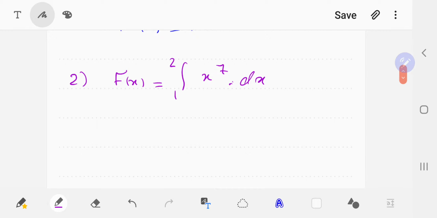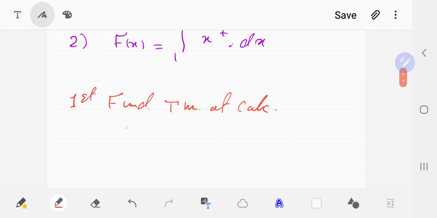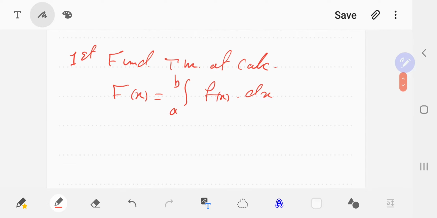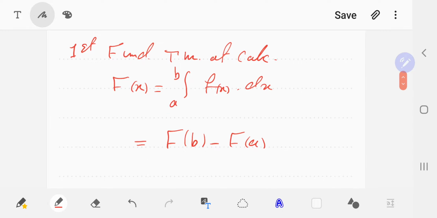Well, let me remind you of the first fundamental theorem of calculus. What does the first fundamental theorem of calculus say? It says that capital F of x, if it's equal to the integration from a to b of f of x dx, then that will be equal to F of b minus F of a, and that's what we use to evaluate a definite integral.